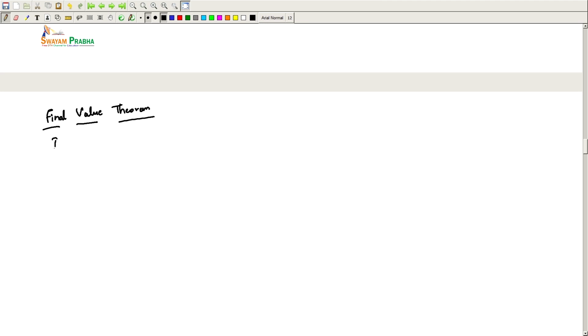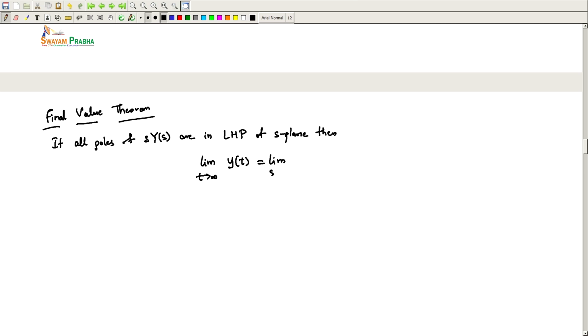The idea about the final value theorem is: if all poles of s Y of s are in the left half plane of the s plane, then the limit as t tends to infinity of y of t is equal to the limit as s tends to 0 of s Y of s. LHP implies left half plane.